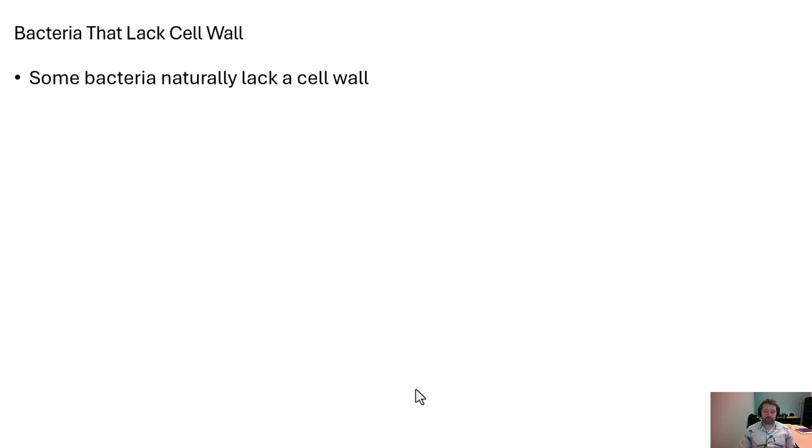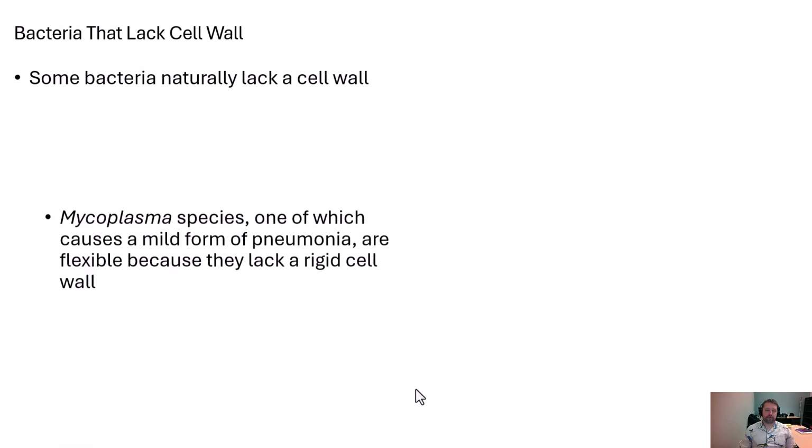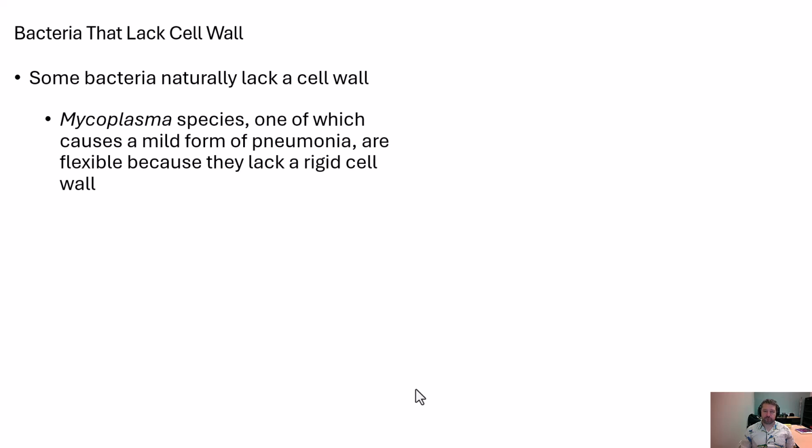I know when we first introduced bacteria and archaea, I said that they all have cell walls, but because everything's always evolving and there are almost no laws in biology, because nothing holds true at all times, there are bacteria without cell walls. The Mycoplasma species are one of these groups that have no cell walls, so it's just the cytoplasmic membrane.